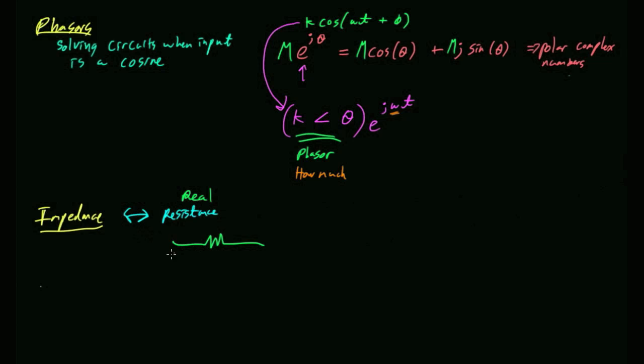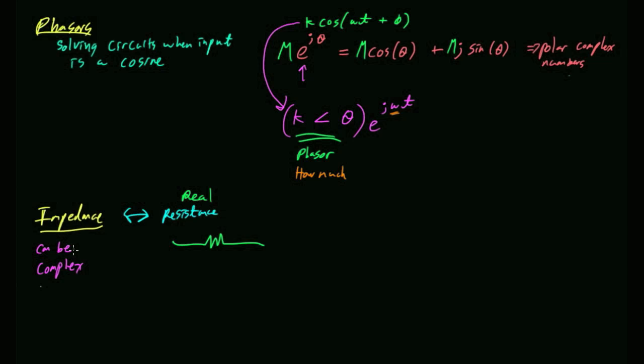Impedance is like resistance, but it can be complex. So I'm going to come to you and say, we have an impedance of 2,000 plus 500j. So what? Impedance is like a resistance that is complex.